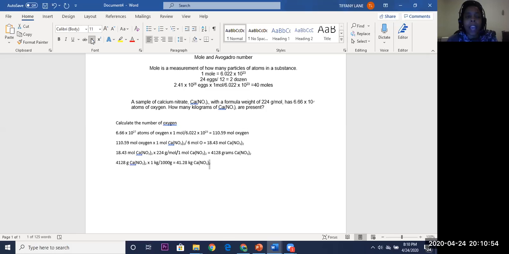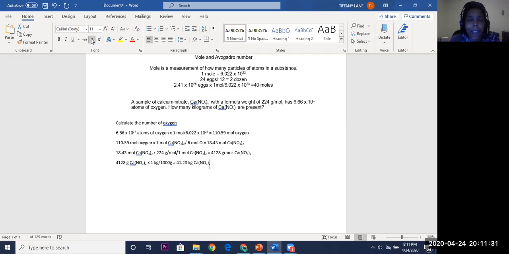We multiplied that by the formula weight, 224 grams per mole. That cancels out the moles and leaves us with 4,128 grams of calcium nitrate.